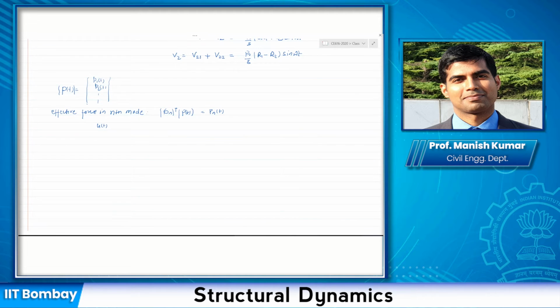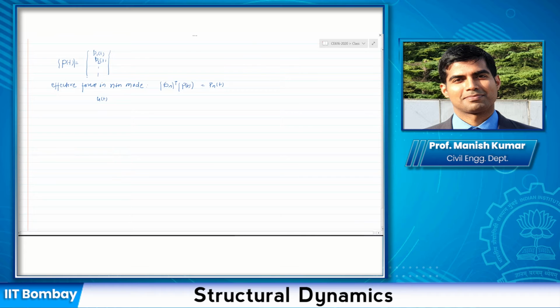Basically, let us say I have a force P(t), and I have something like this at different degrees of freedom, and all of these have the same time variation.